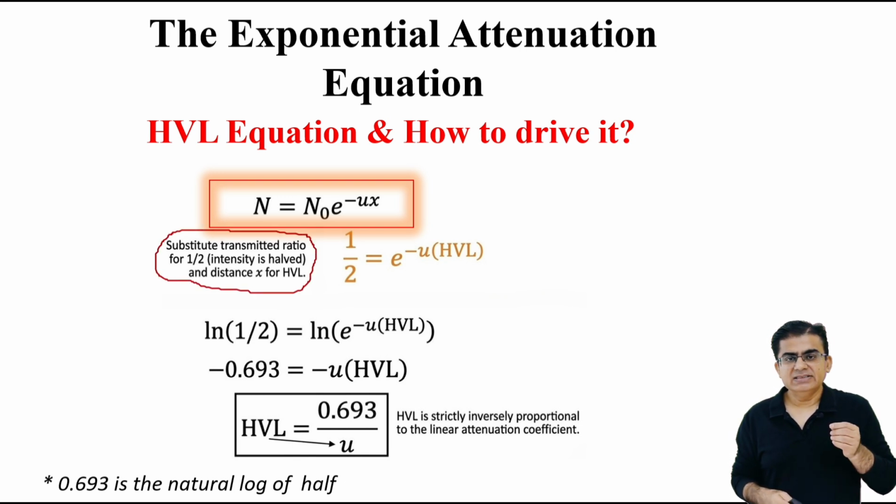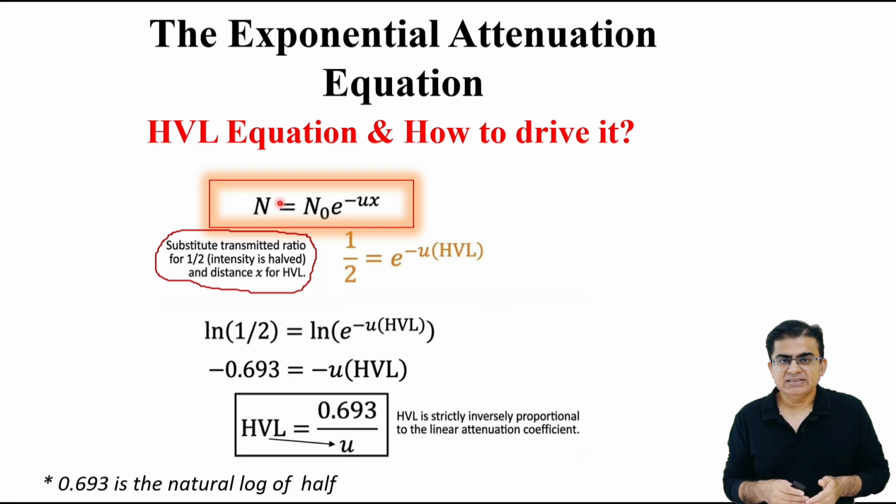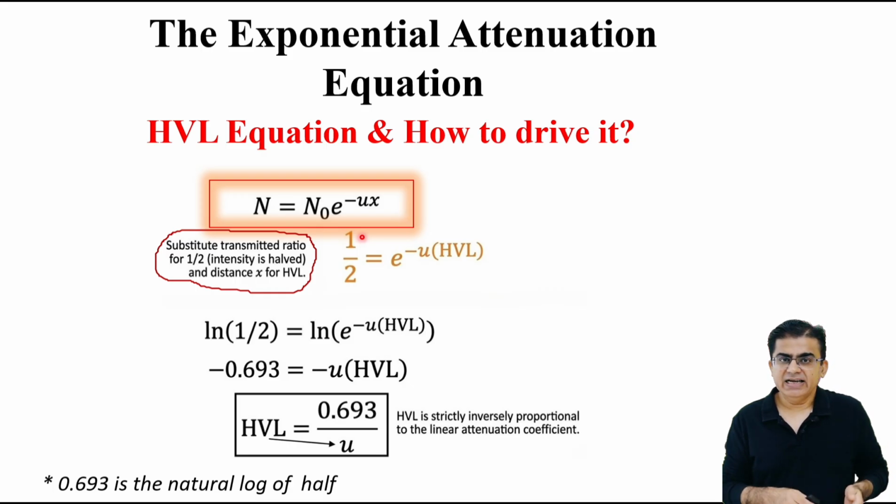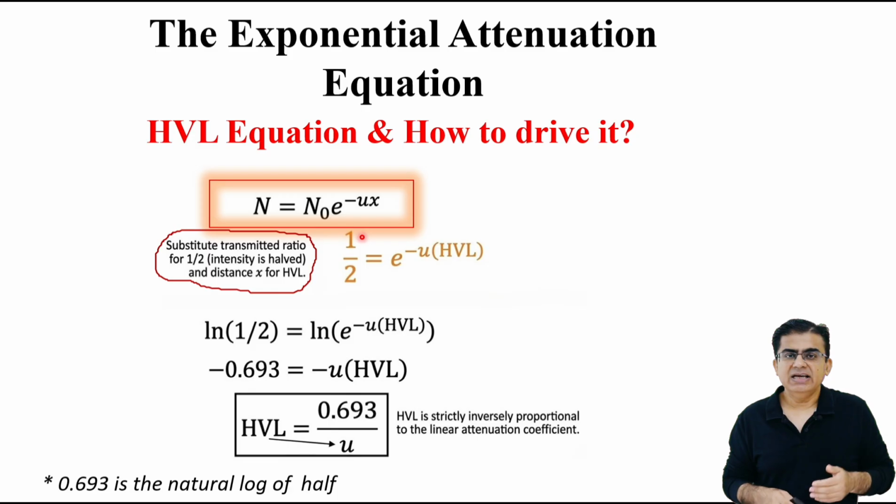So to find this thickness of block, we simply substitute the transmitted intensity ratio with the fraction 1/2 on the left side of our equation. And on the right side, we safely replace the x, which is the thickness of block we need to find out, with the letters HVL.